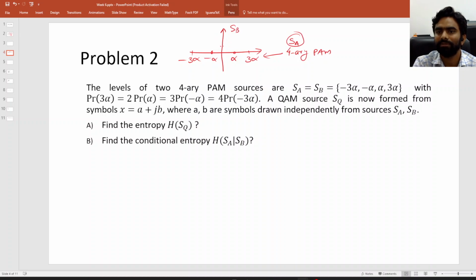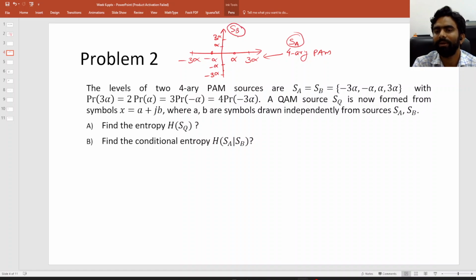So we have already seen that the quadrature signal is formed by two independently drawn PAM sources. One will be on the quadrature side and one will be on the in-phase side. And these two are 4-array PAMs. That is also 4-array PAM.